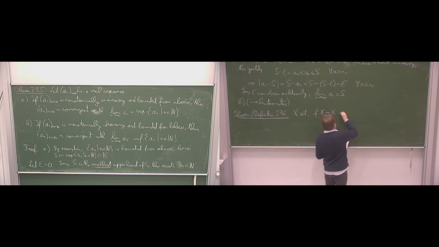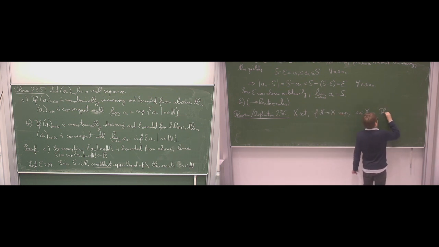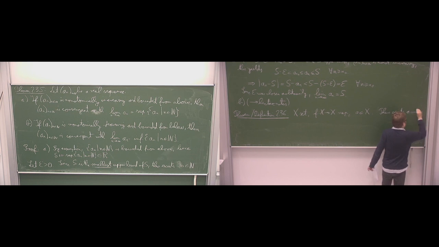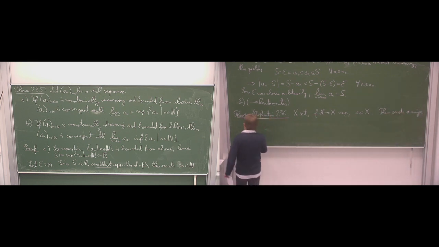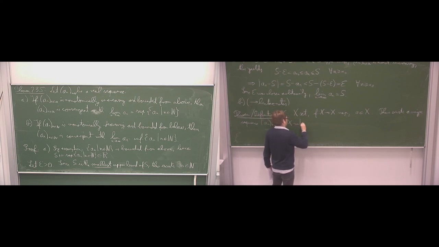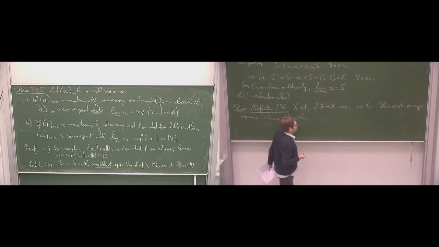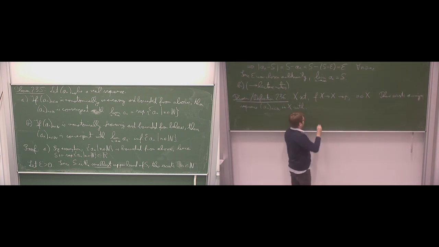So this is just some map, and we take one fixed element A of X. Then there exists a unique sequence a_n in X with the following condition: A should be our starting point. So a_1 is equal to A.